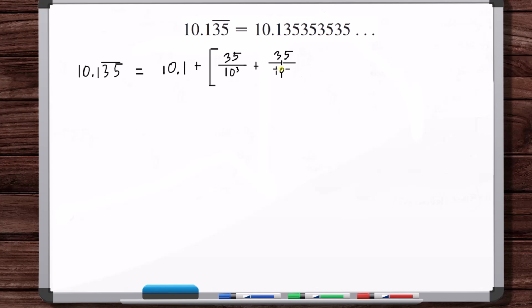That's going to be 10 to the 5th. Yeah, so the common ratio is 1 over 100. It's just that with these, what's confusing is what the first term is.